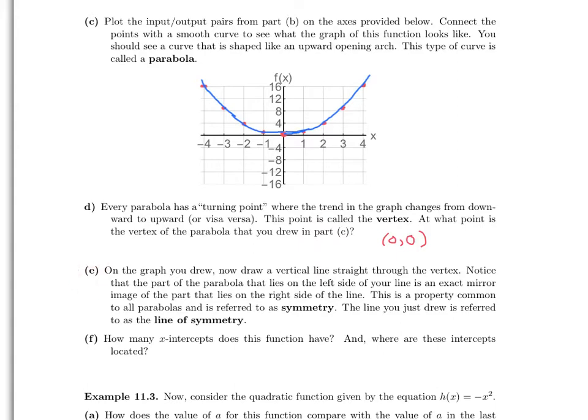Let's look at part E. On the graph you drew, draw a vertical line straight through the vertex. So let's go ahead and do that. So the vertex is located right here, and if I draw a vertical line straight through it, I get a line that looks like that.